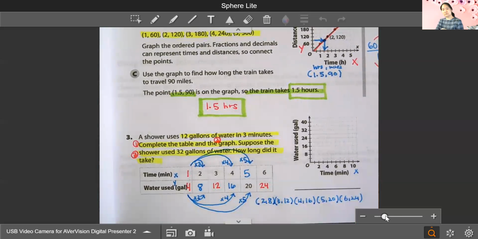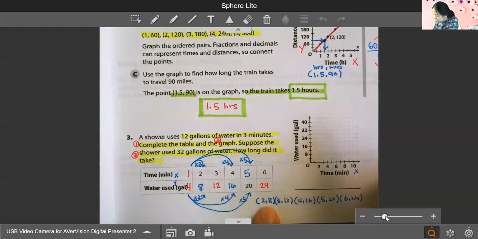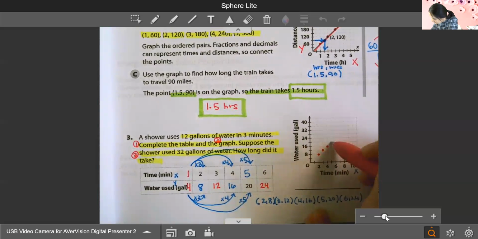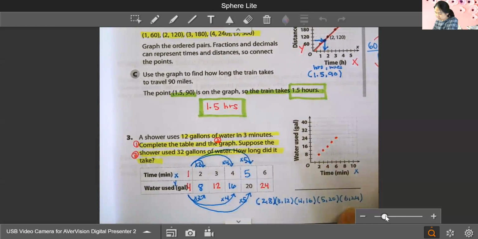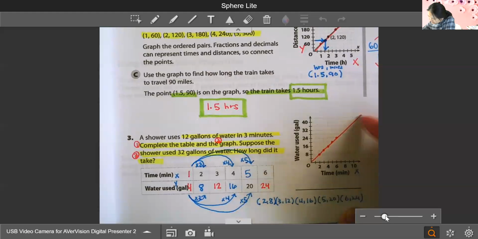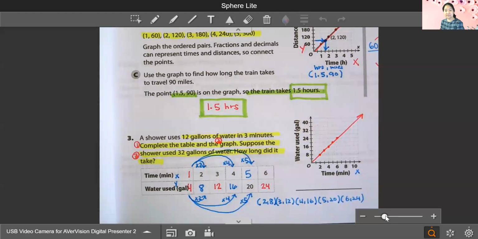I'm going to graph those points. 2, 8, 3, 12, 4, 16, 5, 20, and 6, 24. Okay, and it's a straight line, so I know that I'm doing it correctly.